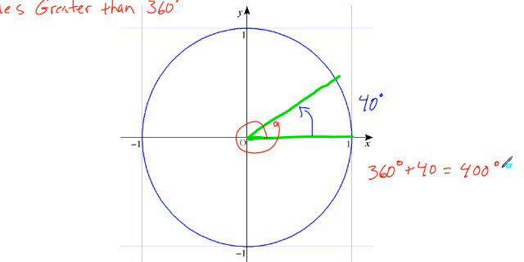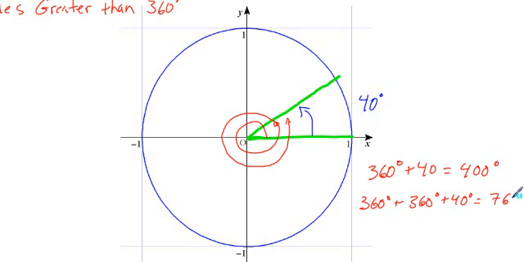And I end up in the same place that I did with my corresponding 40 degree angle. I can continue this, and I can even go around not once, but twice. If I go around twice, that time I went 360 degrees, plus another 360 degrees, plus 40 degrees. And that gives me a corresponding angle of 760 degrees.